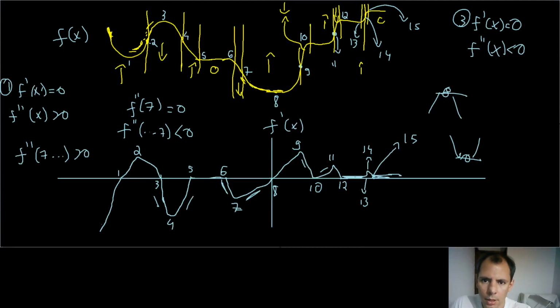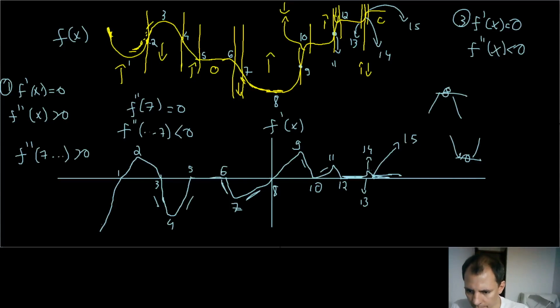And now I'm gonna make a negative here. You see, 14 is a point of inflection. It's going from a positive concavity up here to a concavity down here. Now let's see about this stuff. I said 14 is a point of inflection. Is it a point of inflection?